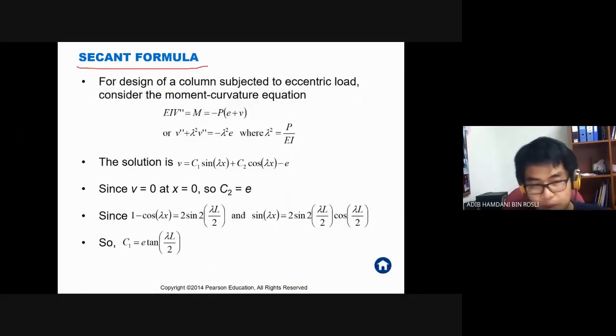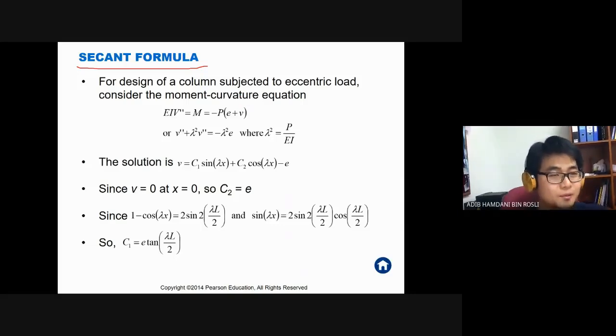Actually, it's not in the objectives, but about the secant formula, I just want to say that in this case you don't use an ideal column. In actual fact, there is no such thing as an ideal column. You just assume the column to be ideal, but in reality it's not ideal.